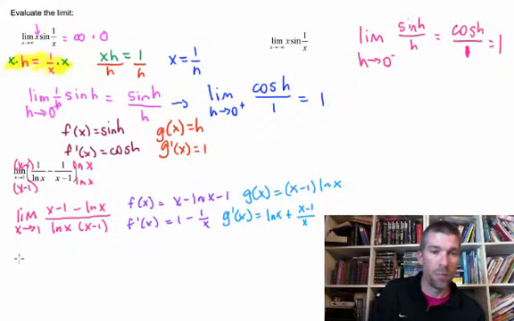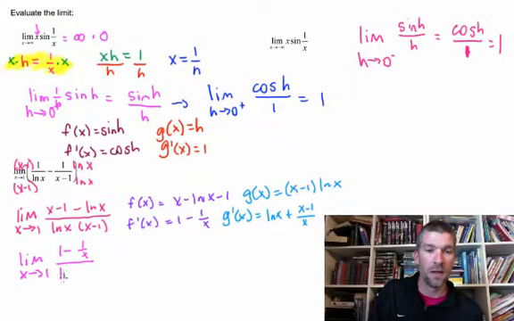So here we go. We're looking at the limit as x approaches 1 of my new numerator, 1 minus 1 over x, over my new denominator, natural log of x plus x minus 1 over x. Again, if I put 1 in for all of these things, I'm going to wind up with another indeterminate form.